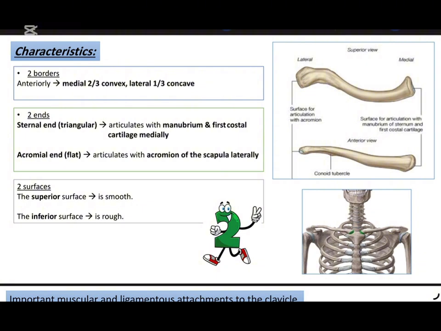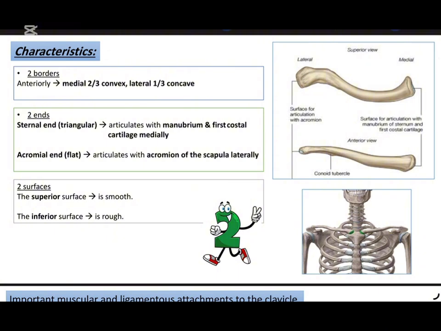So this end, either I call it the sternal end according to its attachment, or the triangular end because of its shape, or the medial end according to its anatomical position. To which part of the sternum is it attached? It is mainly attached to the manubrium, which is the upper part of the sternum, and the first costal cartilage.